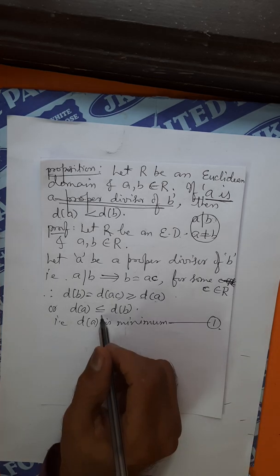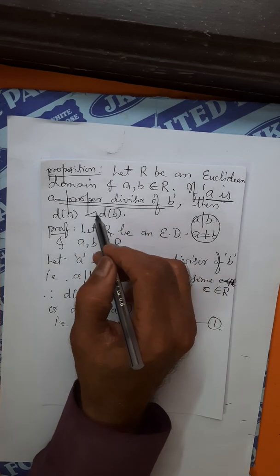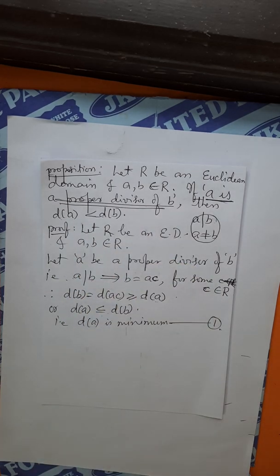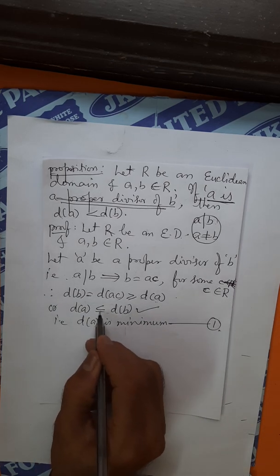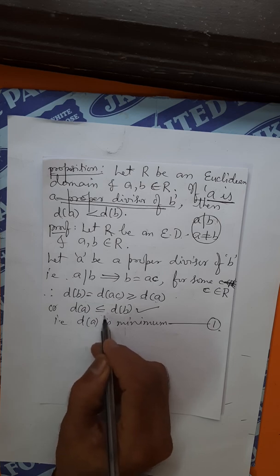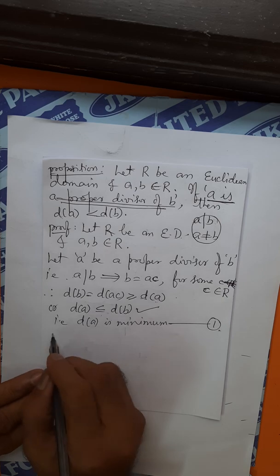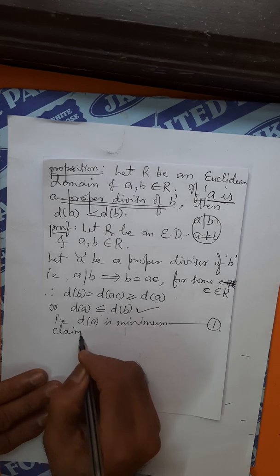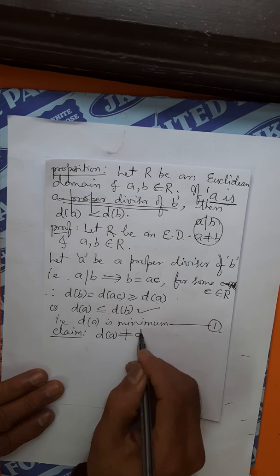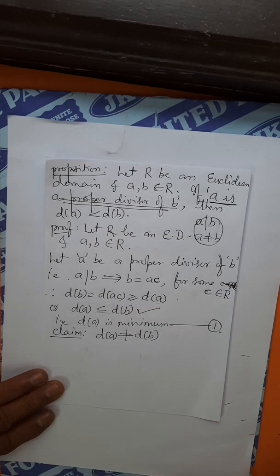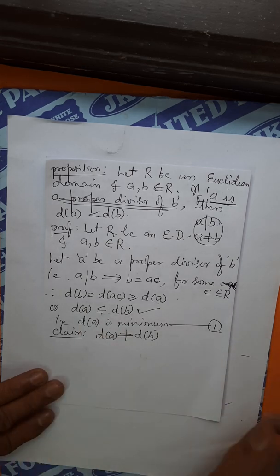What do you want to prove here? You want to prove that D of A is strictly less than D value of B. We have already reached less than or equal to, so you must eliminate equality. Your claim is that D value of A cannot be equal to D value of B. Suppose D value of A is not equal to D value of B, what is the left out choice?